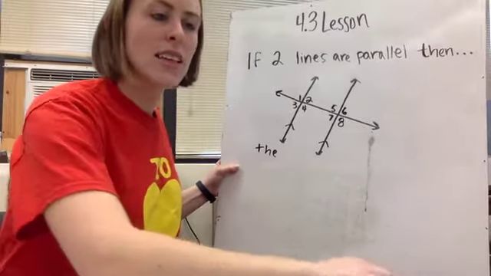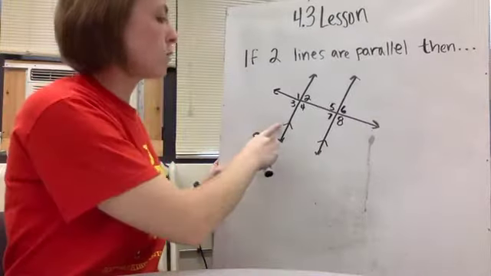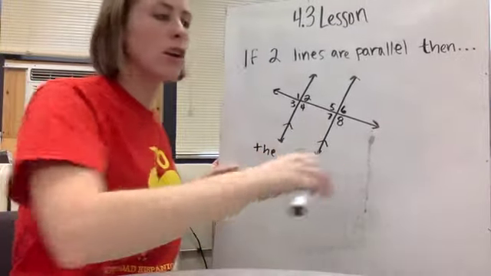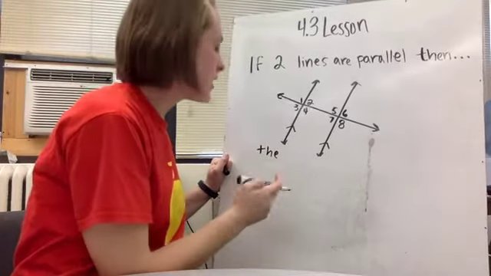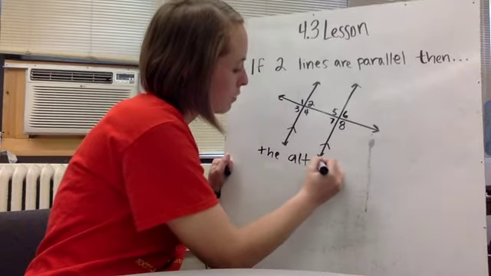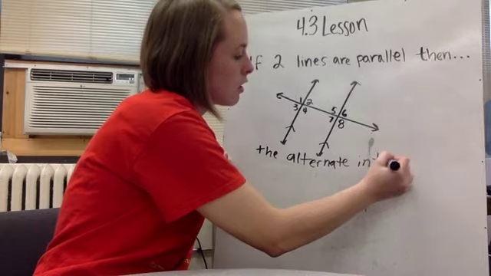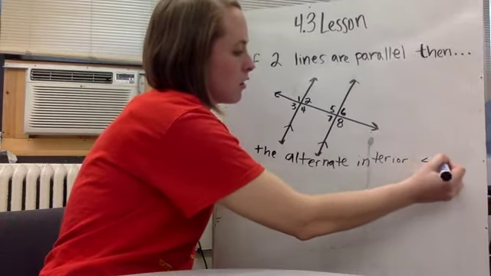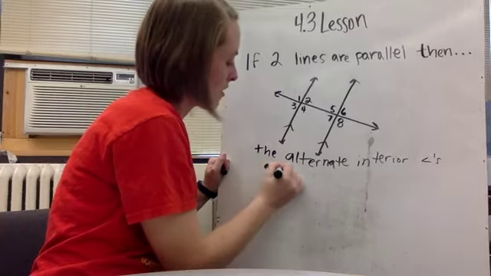So the next thing that this rule says is that if you have two parallel lines, again, of course, with the arrows, all my angles are already labeled, you can also say that the alternate interior angles are congruent. Please write this down: the alternate interior angles are congruent.